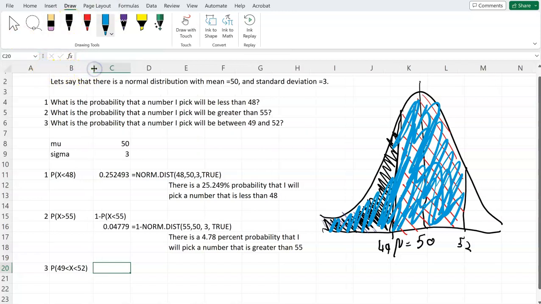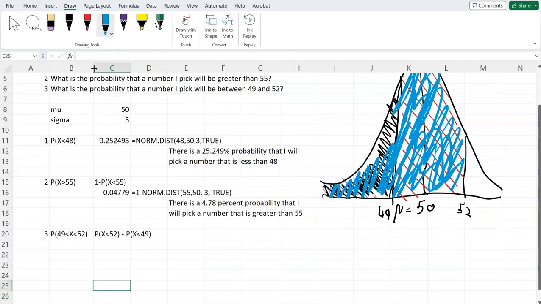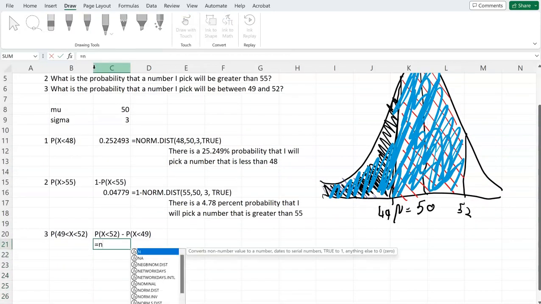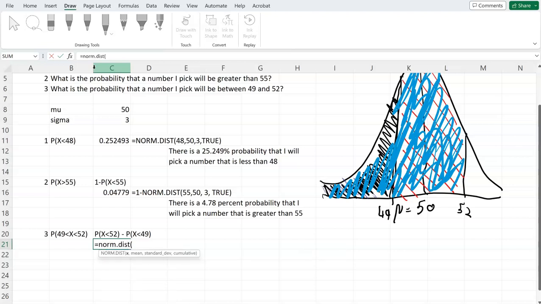So what I can do is probability of x is less than 52, that gives me that blue area, and I subtract probability that x is less than 49. That is the area of that black region that is kind of covered by the blue area. So if I have those two numbers, now I can find this equals norm.dist.